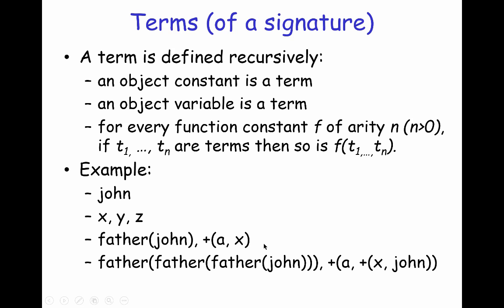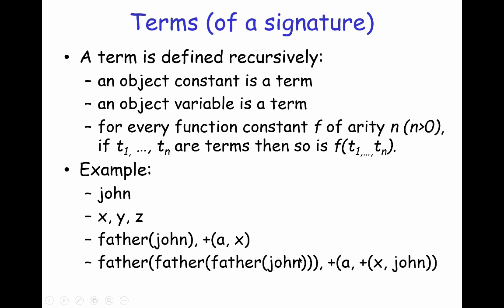The important thing is that it is recursive, so terms can be nested. Father of John is a term, then this term can be the argument of father again. So father of father of John is also a term.